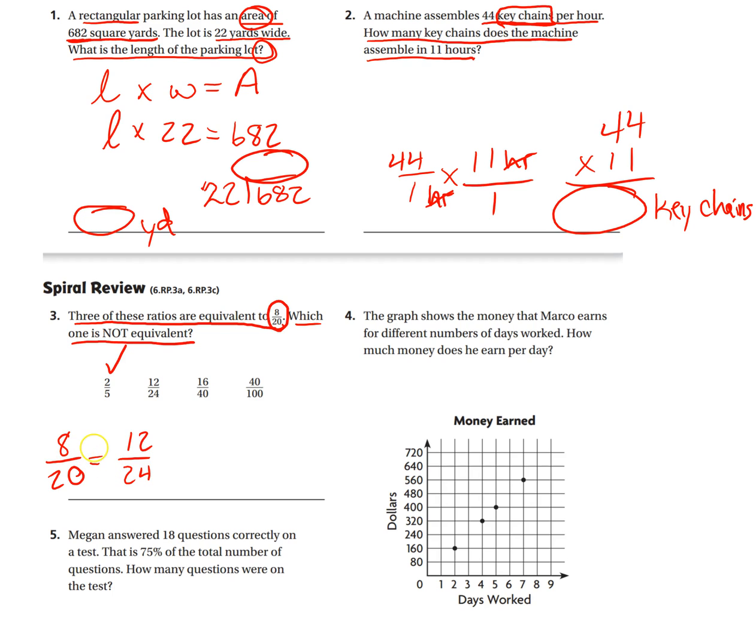So what can I do to 8 to get it up to 12? Well, I can multiply it by, let's see, 1.5.